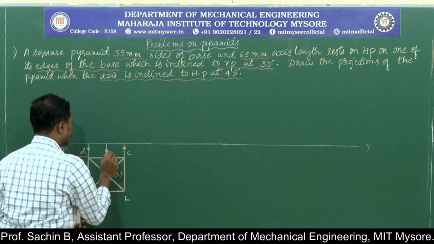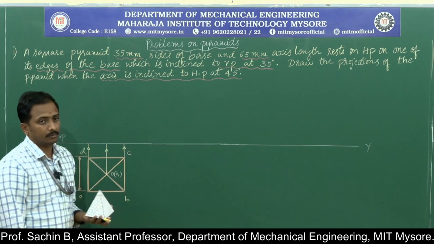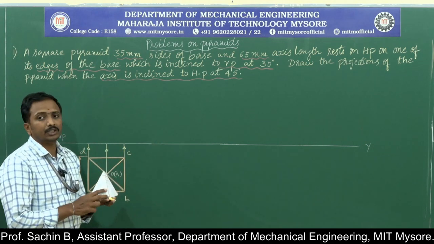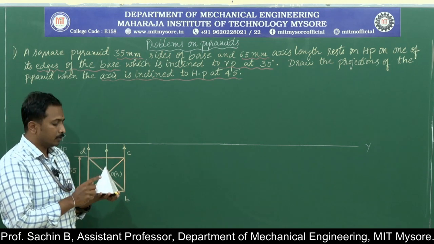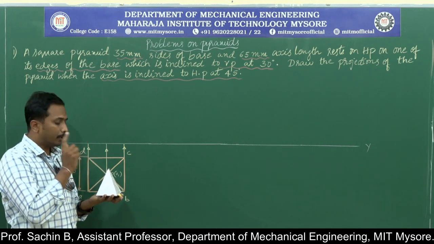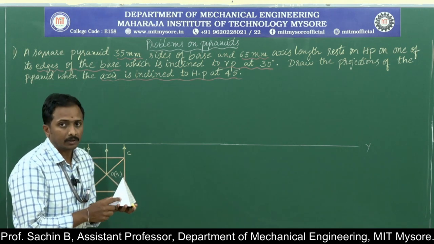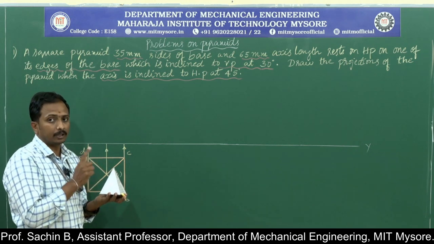Now here they clearly gave in the problem that the axis length is 65 millimeter. By considering that condition, we need to draw the axis length as 65 millimeter. Many students commit mistakes by taking the slant edge length as 65 millimeter. That is totally wrong.